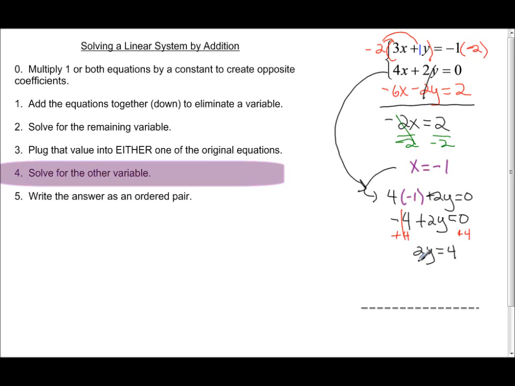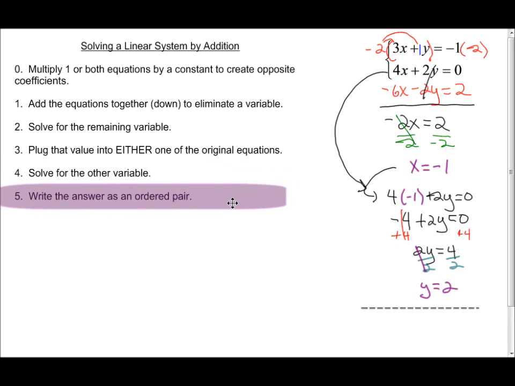And then I will divide by 2 and get y equals 2. Now from there, I will need to write the answers in ordered pair. So I have that x is negative 1 and y is 2. So I will in fact write my answer as negative 1, comma, 2, and circle it.